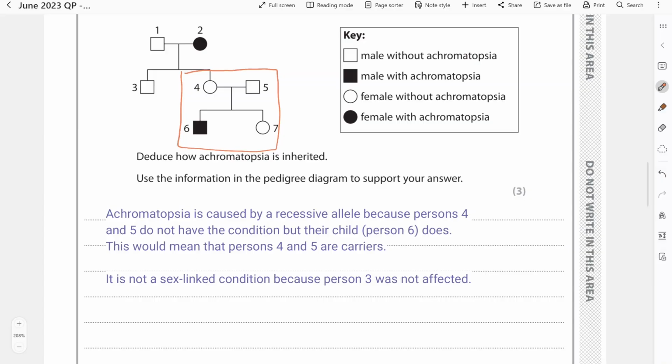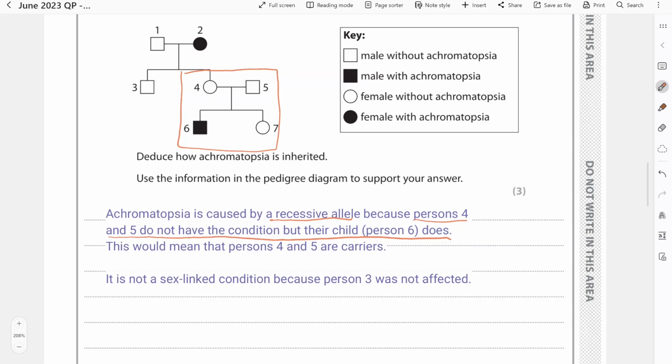And that's what I've included in this text that you see here. It's caused by a recessive allele. That's the first mark, because individuals 4 and 5 do not have the condition, but person 6 does. So it's this whole sentence here. That would be the second mark.